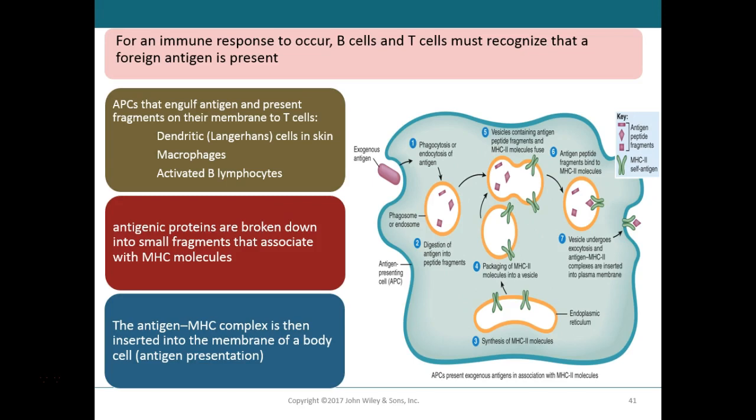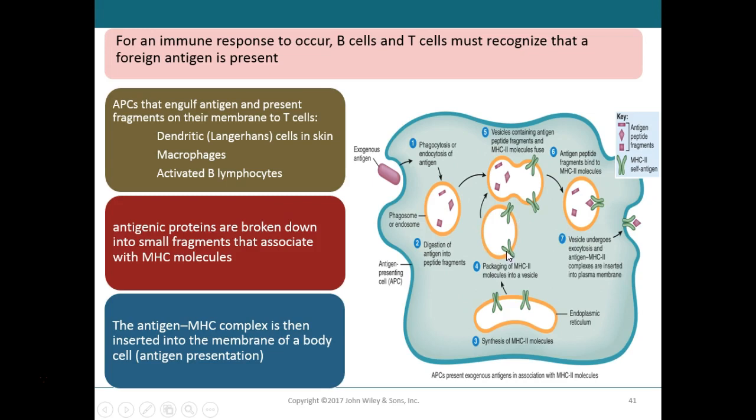Within that endosome or phagosome, digestive enzymes are going to split those antigens into smaller protein fragments. At the same time, we're going to create major histocompatibility proteins, so we create those MHC molecules. Once the MHC molecules are made, they're also going to be packaged into vesicles.